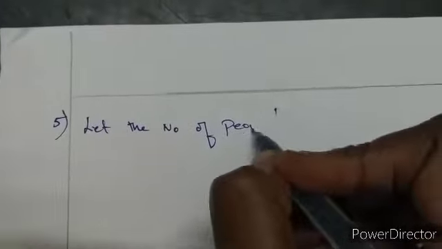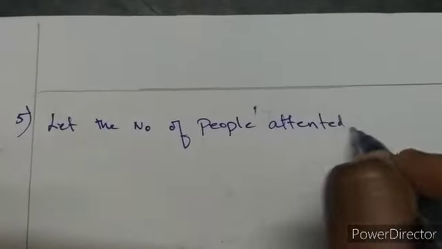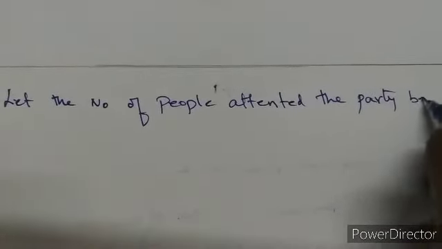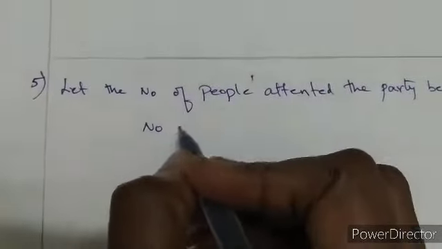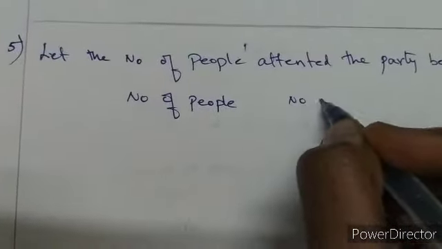Okay, same. Let the number of people attending the party be x. So the heading: number of people and number of trips.